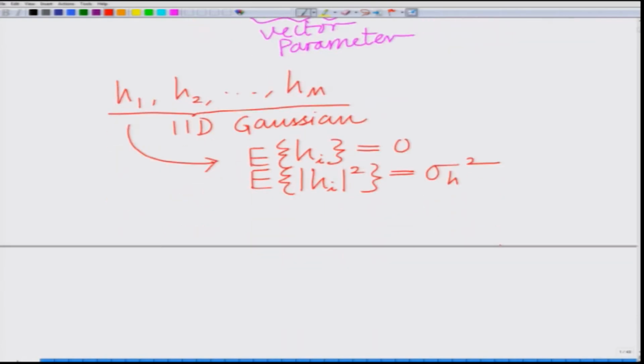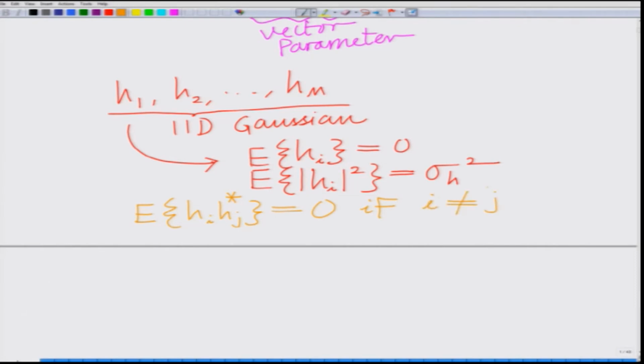Further, they are independent, which means the expected value of h_i times h_j conjugate, if they are complex, equals 0 if i is not equal to j.